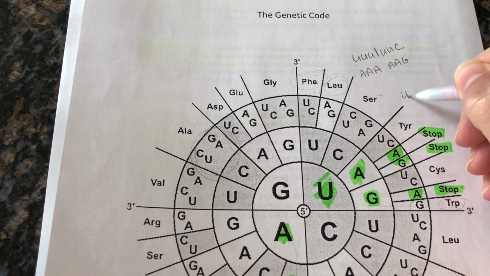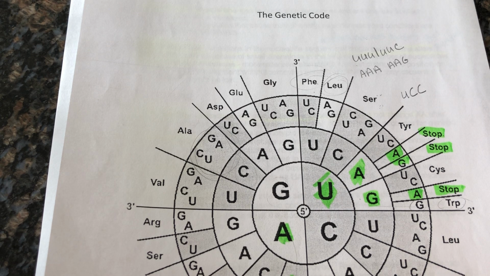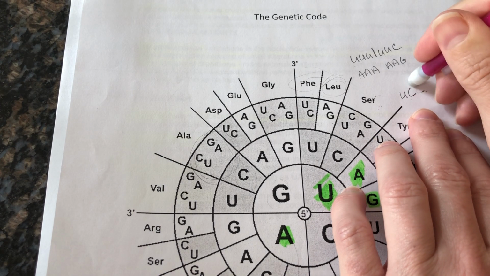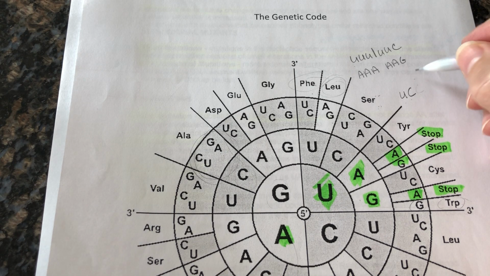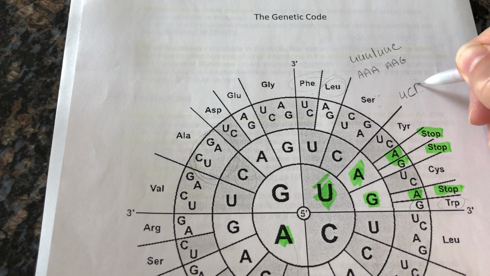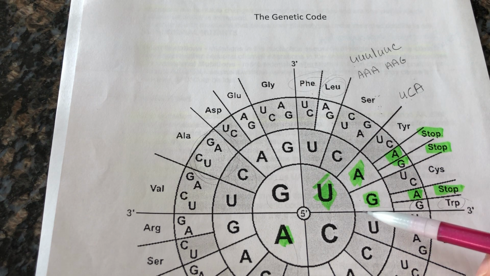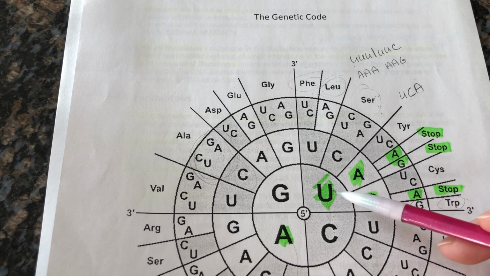You don't have to write this out because I'm probably going to erase it for the next time I teach you something. But what if we make a mistake? What if the DNA is altered? The DNA went through mutation, and then when it's transcribed, instead of saying UCC, it says UCA. Is that going to make any difference for that amino acid? Absolutely not, because it's still coding for serine. So therefore, this is a silent mutation.